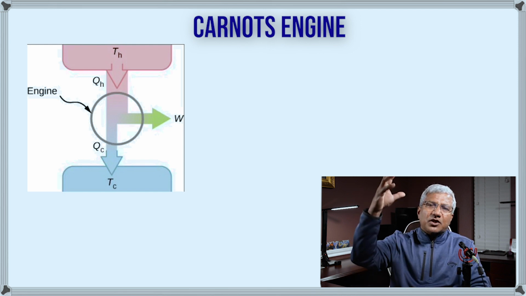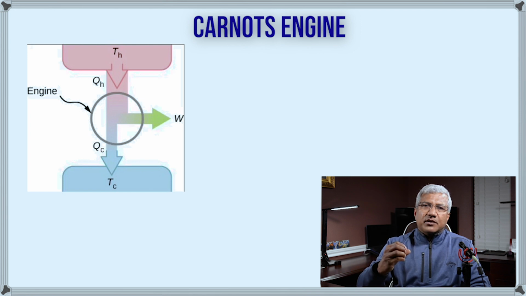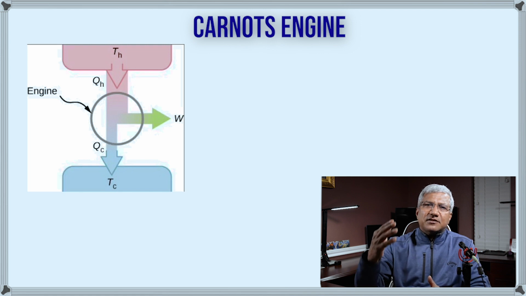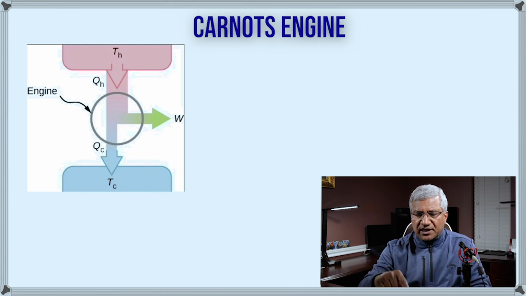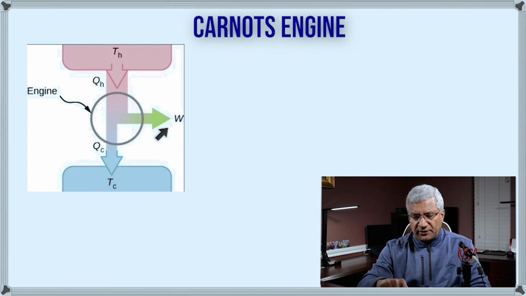So it takes heat from the hot object, converts it into work, and if anything remains, that heat is rejected to the cold object. So you can see that TH is the temperature of the hot object, QH is the heat absorbed by the working substance, W is the work done, QC is the heat rejected to the cold object, which is at a temperature TC.